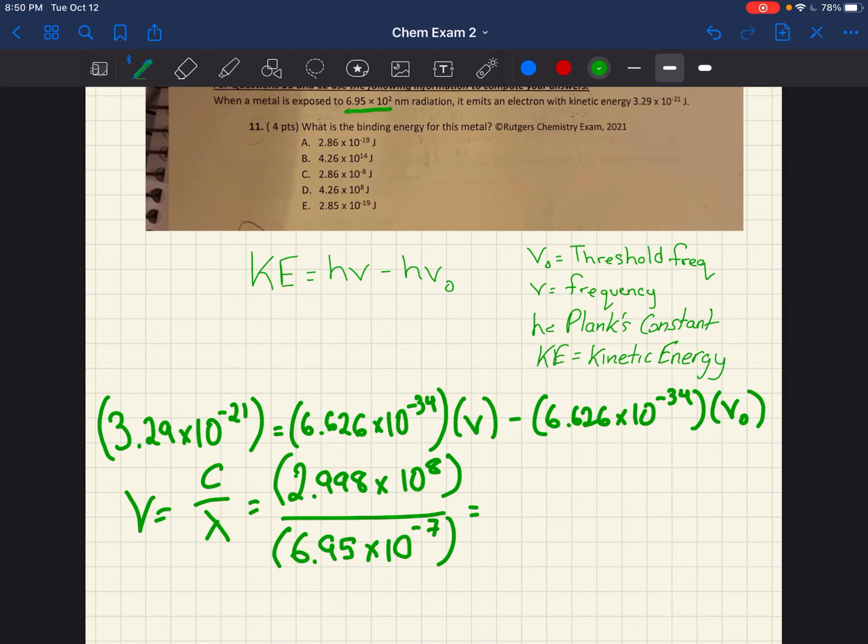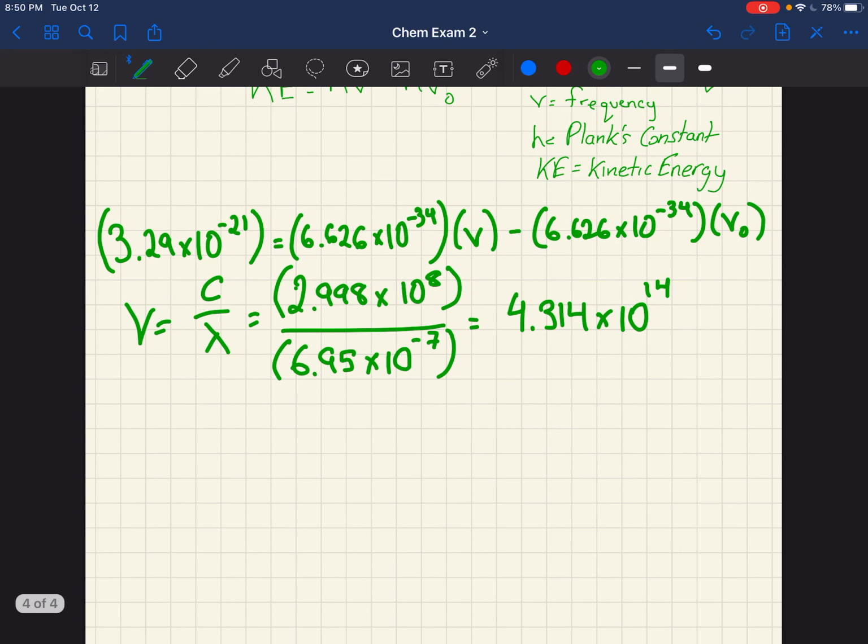So your frequency is going to equal 4.314 times 10 to the 14th. So now if you plug that in, your V is going to equal that.